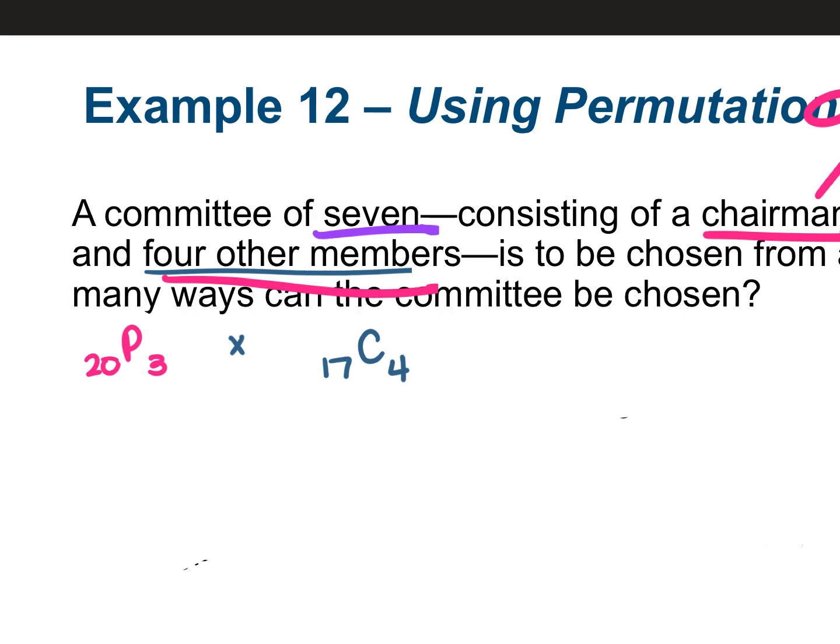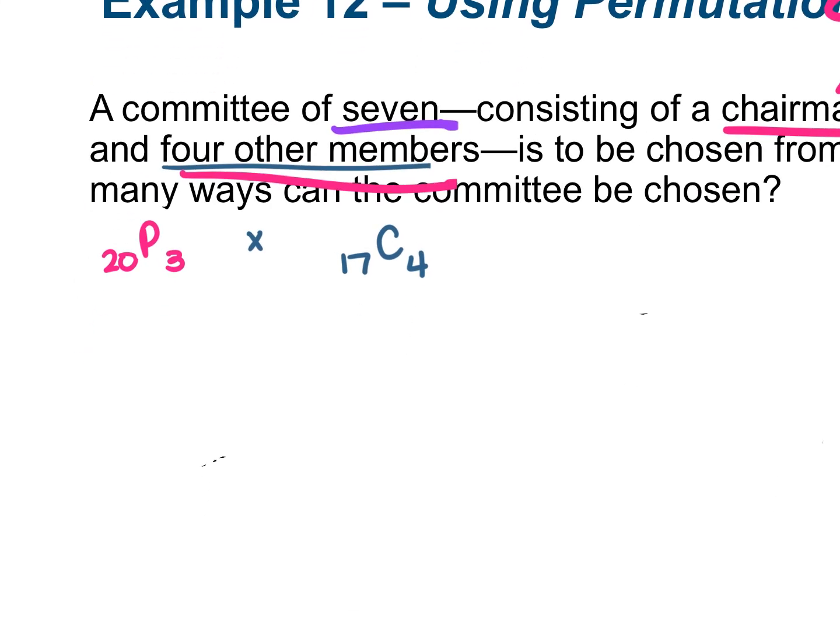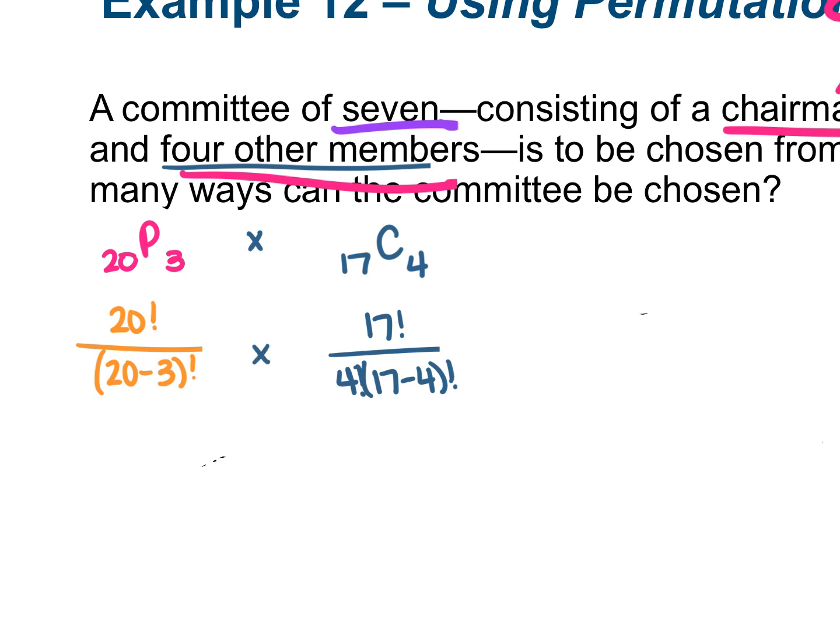So you're going to solve for the permutation first. Remember that permutation, you're going to do the 20 factorial over 20 minus 3 factorial. For the combination, you're doing the 17 factorial over 4 factorial times 17 minus 4 factorial. And you're going to multiply these.